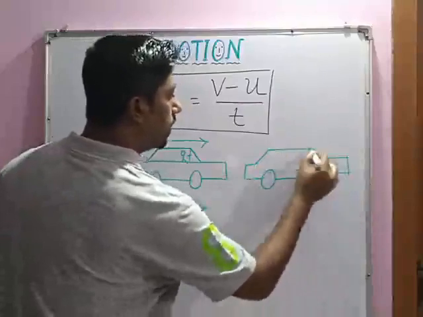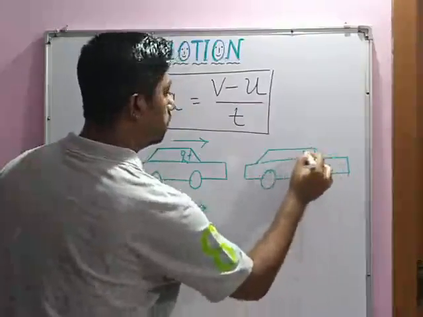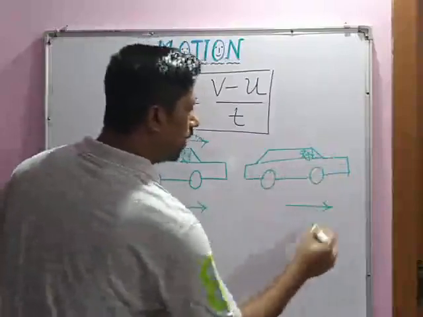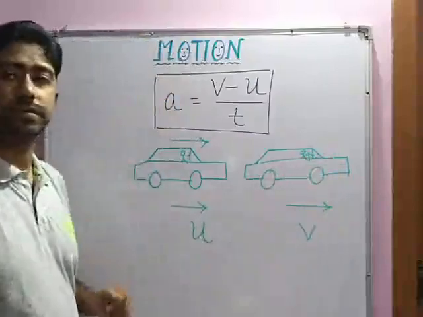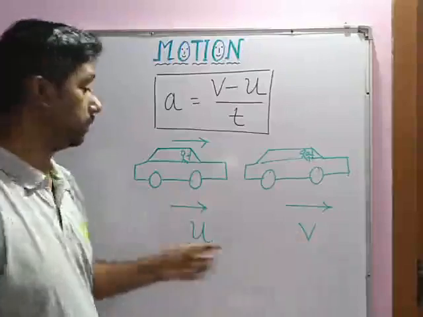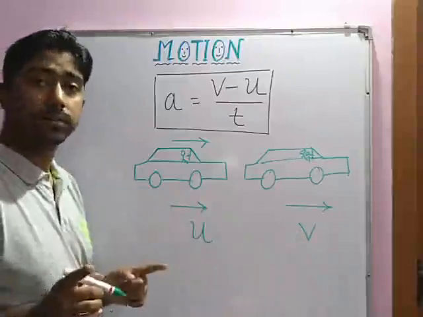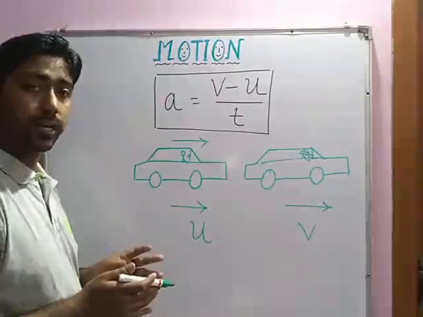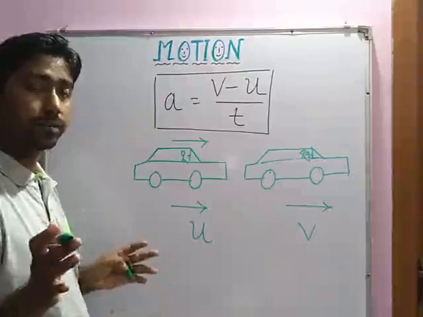You observe that the velocity of the car has increased and it has become a new value, that is v. Listen carefully. When you start observing the car, you are the observer here.